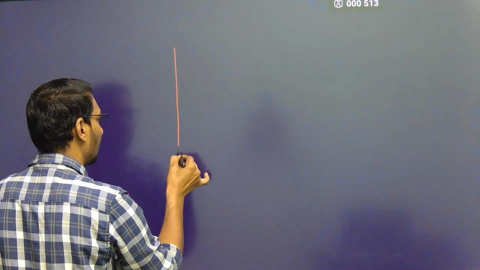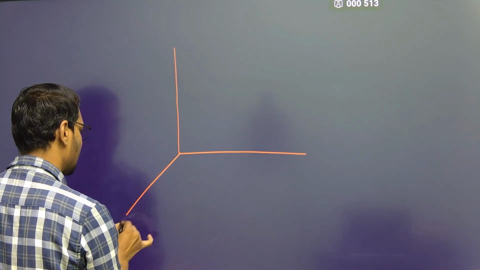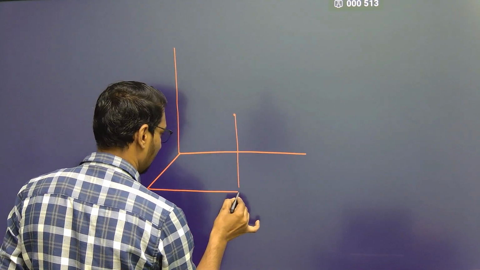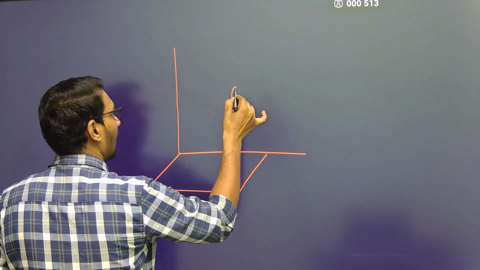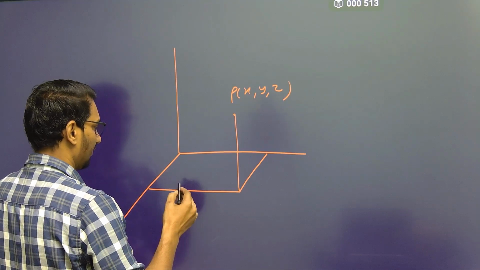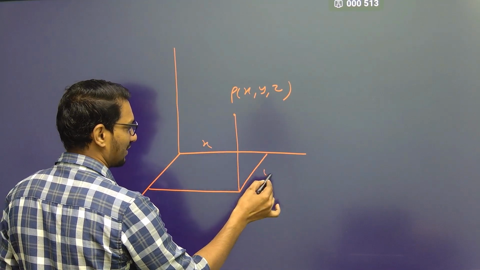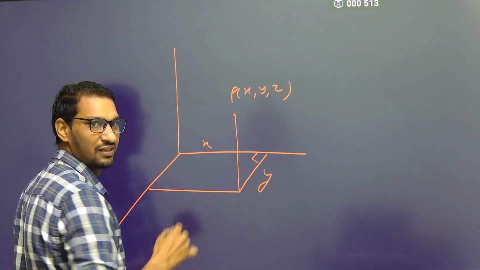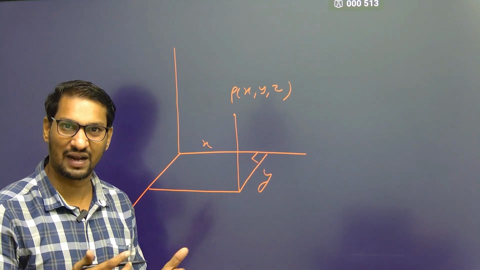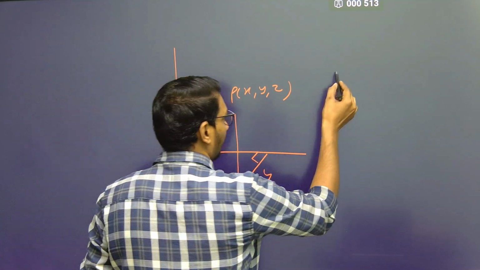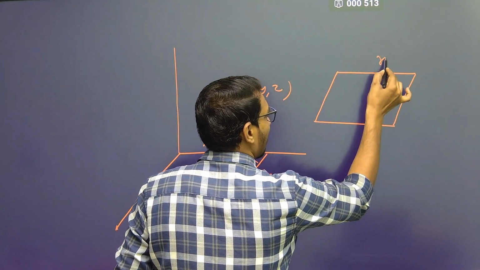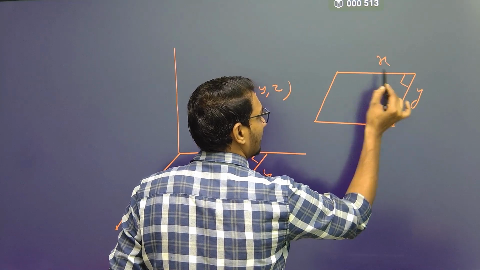Suppose this is the coordinate axis and this is point P in space, and the coordinate of P is x, y, z. Then this is x and this is y. This angle is a right angle because the x and y axes are inclined at a right angle. We can see here, this is x, this is y and this is a right angle.